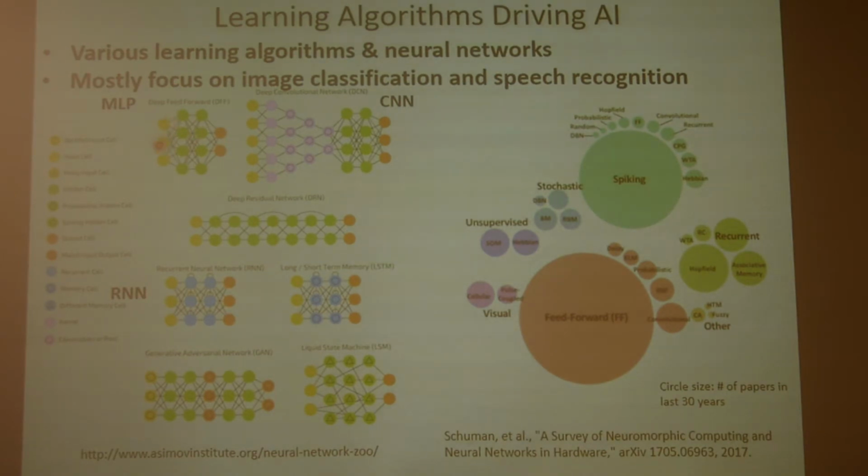For example, if you input an image of a dog, it can give you the corresponding label of this input. The second one is the convolutional neural network, and this is usually used for image classification. And for language processing, people usually use the recurrent neural network.